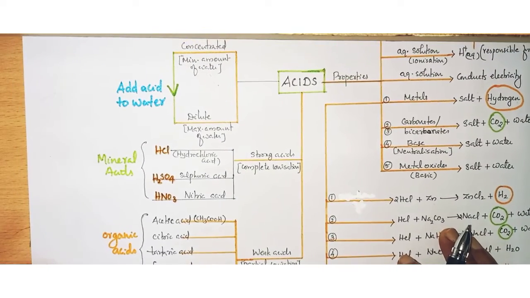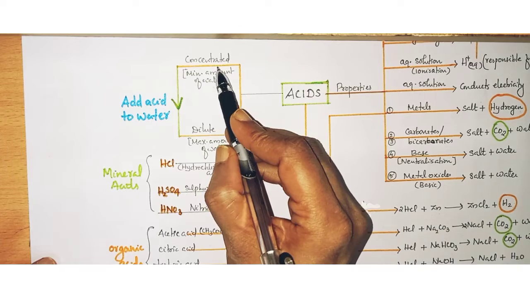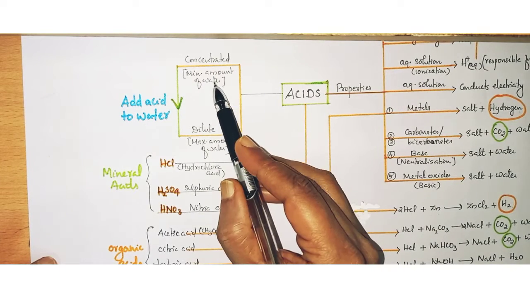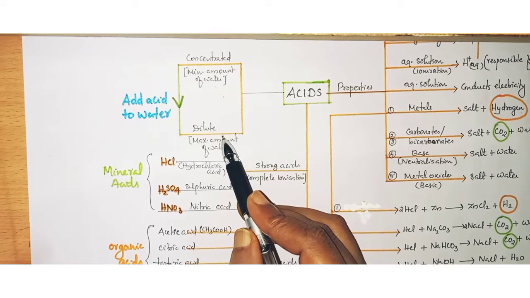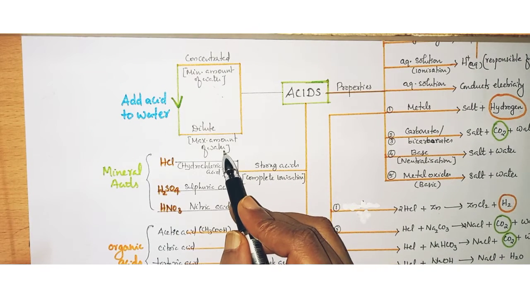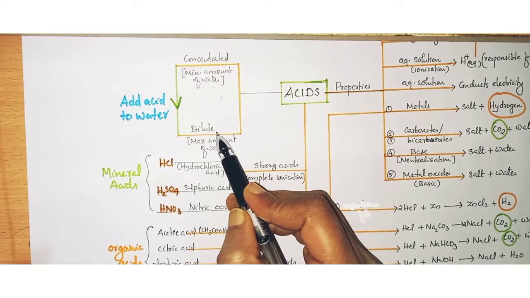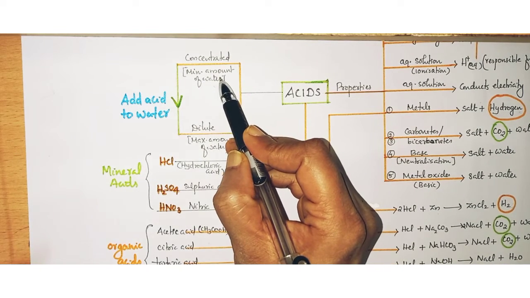Then let's see about concentrated acid and dilute acids. So in concentrated acids minimum amount of water is present. In dilute acid maximum amount of water is present. So we can make dilute acids from concentrated acid by adding water.